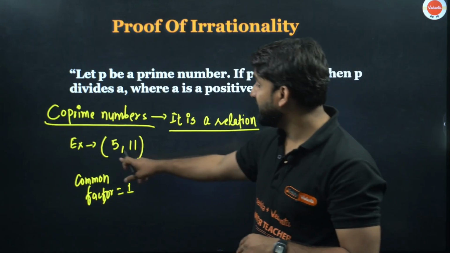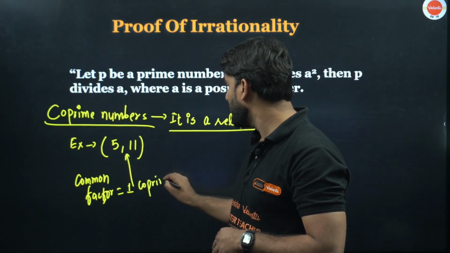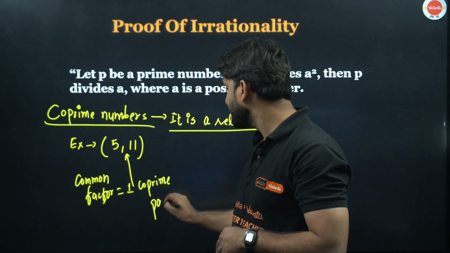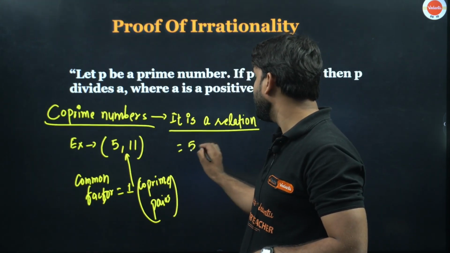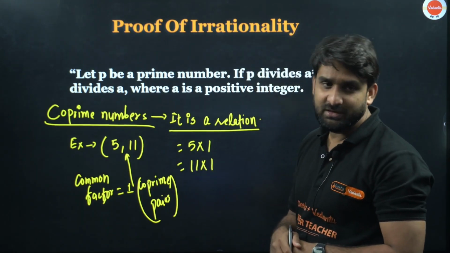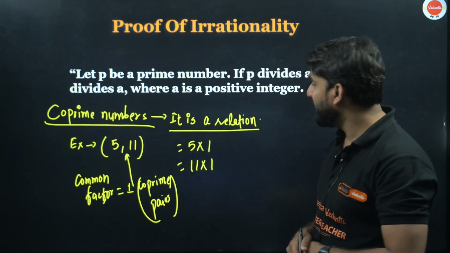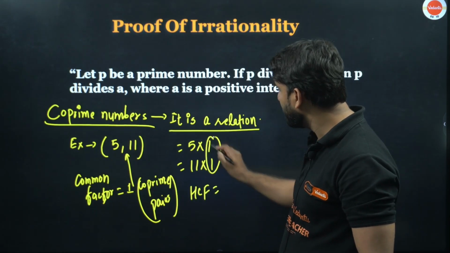So this pair is called a co-prime pair. I hope you are getting my point. 5 can be written as 5 into 1, and 11 can be written as 11 into 1. Now if I ask you what is the highest common factor, that is 1.